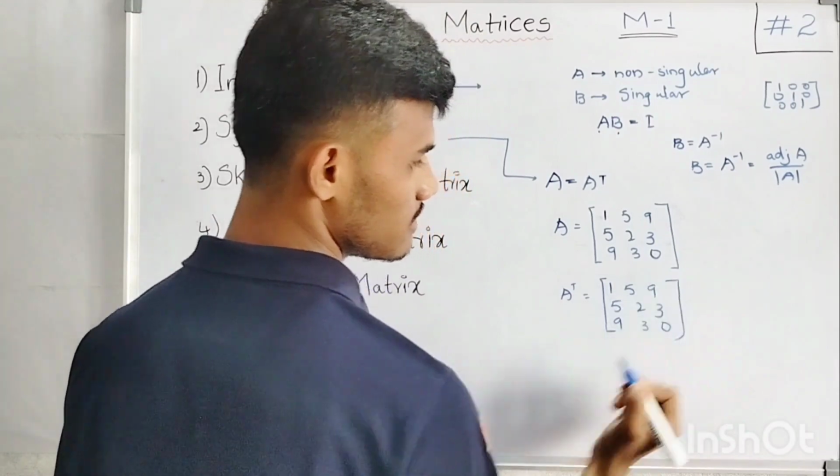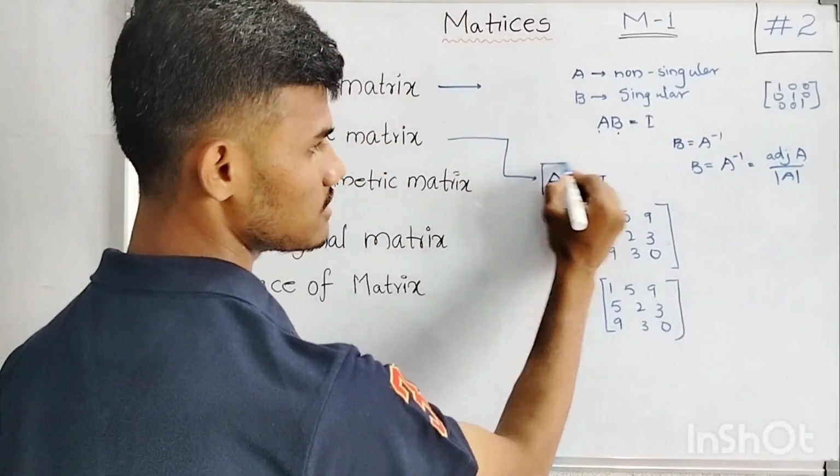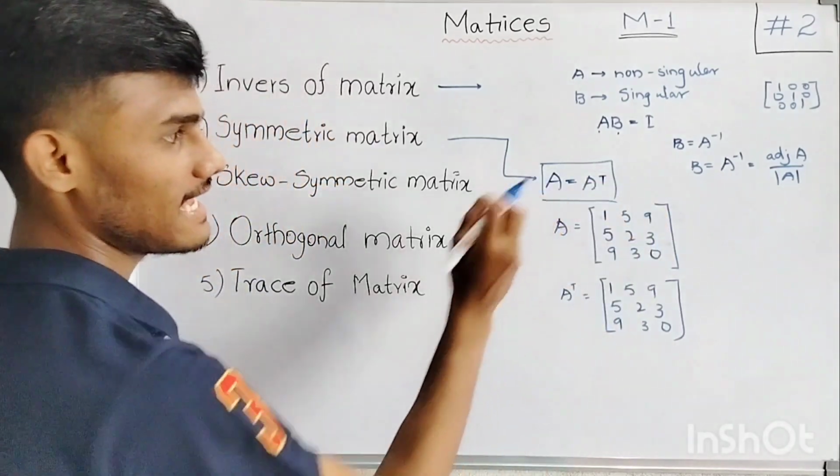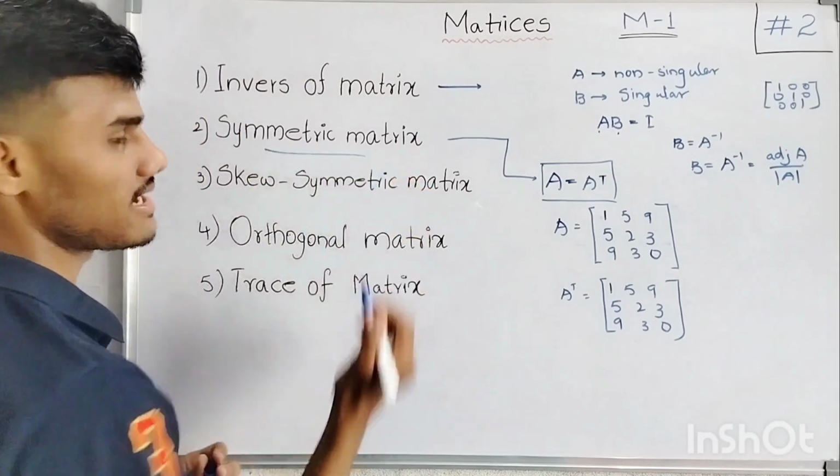See here, observe the difference. A is equal to B. When A satisfies this condition, then A is said to be a symmetric matrix.